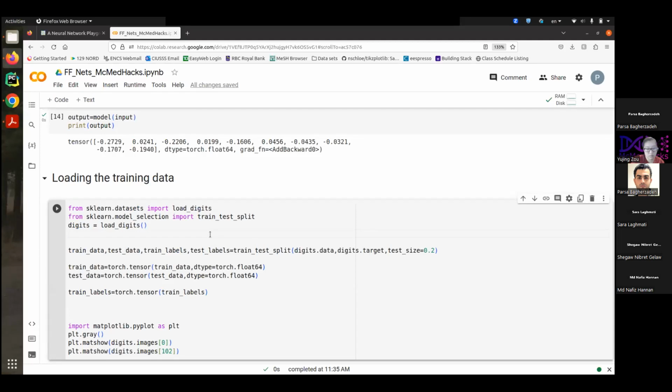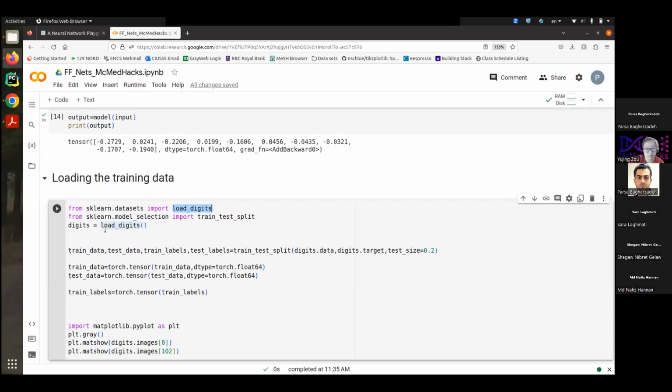It is available from sklearn datasets. sklearn provides a set of data sets for beginners to work with and to experiment. So I'm loading the MNIST or digit data set. This problem is a classification problem. This data set is labeled for 10 digits, from 0 until 9.